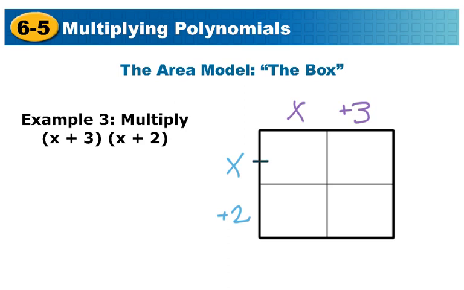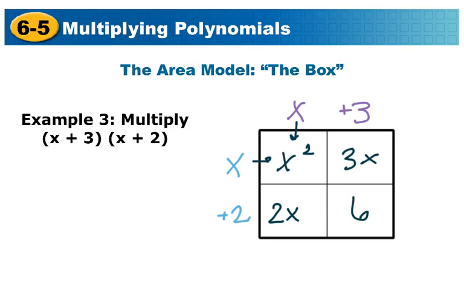and now we go through and multiply it out. So x times x makes this box x squared. Then x times 3 makes this box 3x. Then x times 2 makes the next box 2x. And then 2 times 3 makes the last box 6.